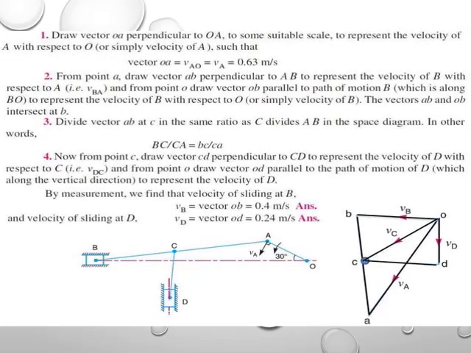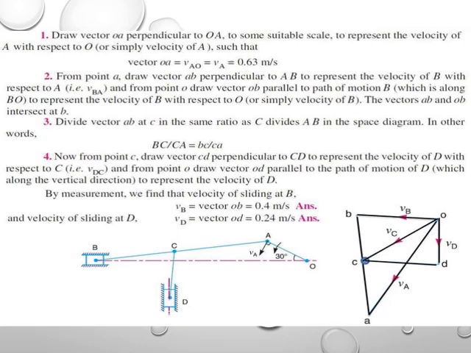Next, we can draw the rough velocity diagram. That is OA perpendicular to O. We can calculate that VA equal to 0.63. From point A, which is fixed, draw the vector diagram AB perpendicular to AB, and divide the vector AB at C in the same ratio. C will divide AB as in the space diagram, with BC by CA equal to BC by CA.